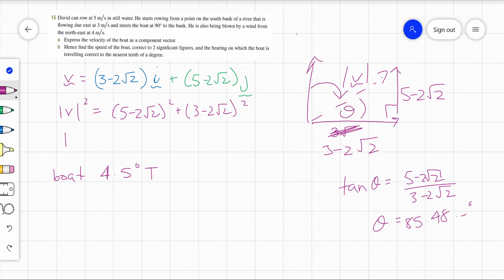I'll get that answer and then I'll square root to find this, which is 2.17, something like that. So the speed of the boat is approximately, it did say to 2 sig figs, so 2.2 meters per second. Yeah, so if you just set it up and put all those vectors together, you should get your answer there.